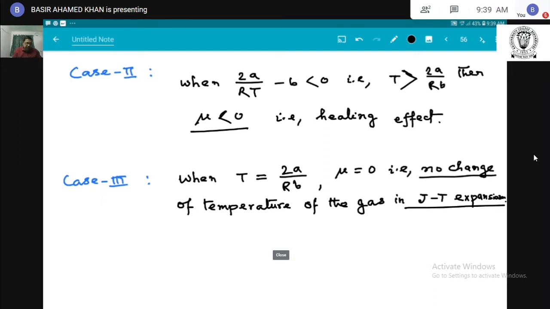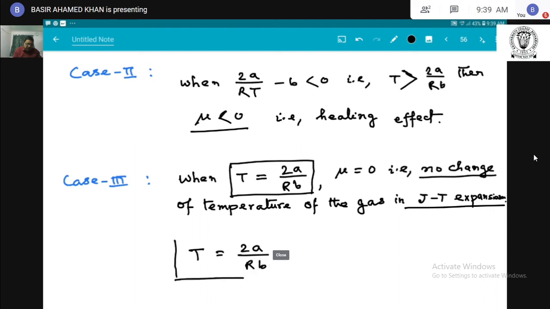Therefore the temperature T equal to 2a by Rb is called inversion temperature, I for inversion. Ti equal to 2a by Rb is called inversion temperature.